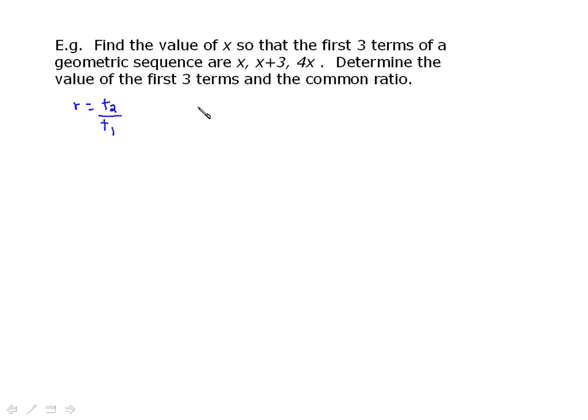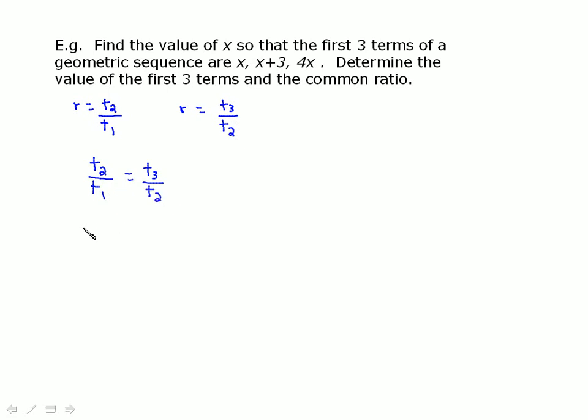That doesn't do you a lot of good when everything is expressed in terms of x. However, R is also equal to T3 divided by T2. So it might occur to you that the common ratio is equal to both of those. So therefore T2 over T1 must be equal to T3 divided by T2. So you're setting up a proportion.